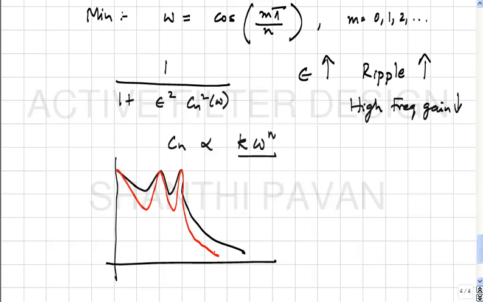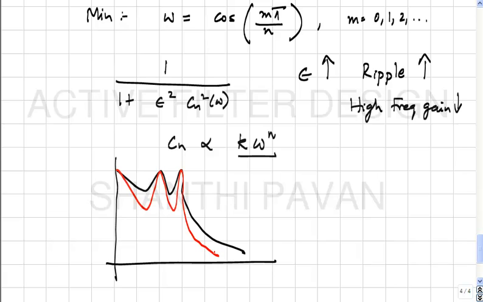Any questions? Everything is clear? Okay. So this is actually pointing out something else. Can you look at these two pictures and tell me these two responses and try and guess something? So if you allow more ripple, you will have a sharper roll off.